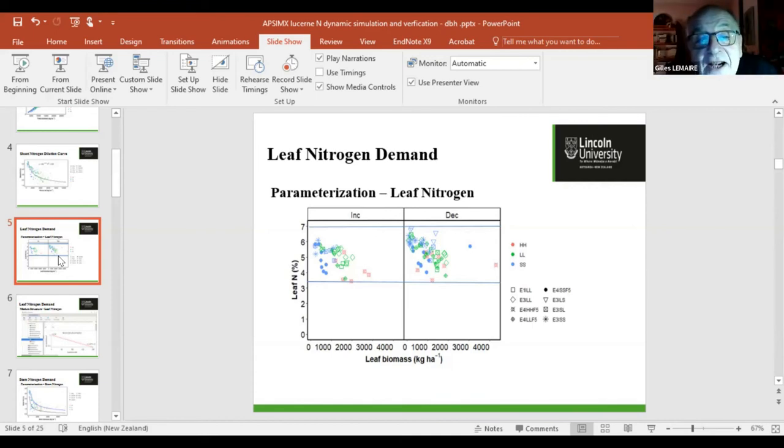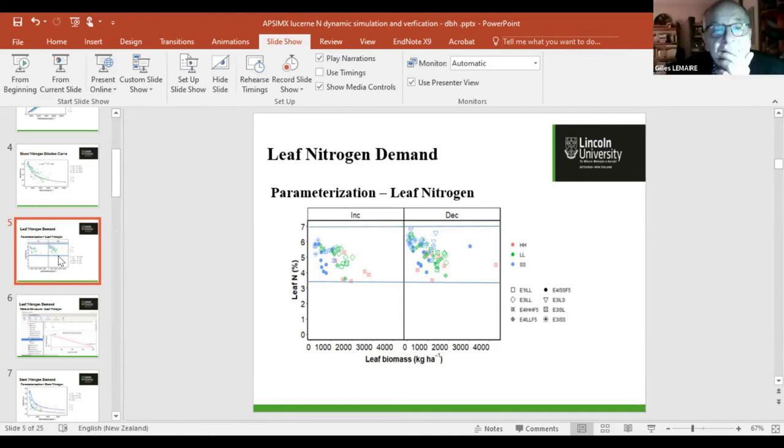And we can see very easily that the blue points are always below. So there is a change to make in the APSIM model, to take into account the effect of treatment on the plant nutrition itself. That's the first point.